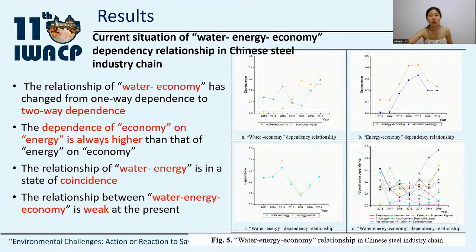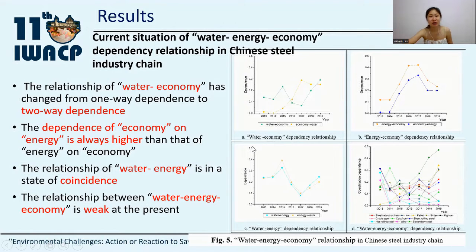Figure 5 shows the water, energy, and economy relationship in the Chinese steel industry chain. From figure 5a, we could see the relationship of water and economy has changed from one-way dependence to two-way dependence. And from figure 5b, we could see the dependence of economy on energy is always higher than the energy on economy, which is the orange line. The value of it is always higher than the other line.